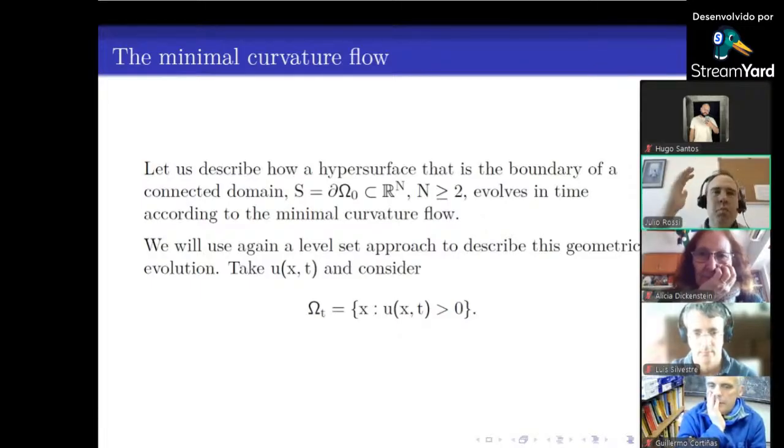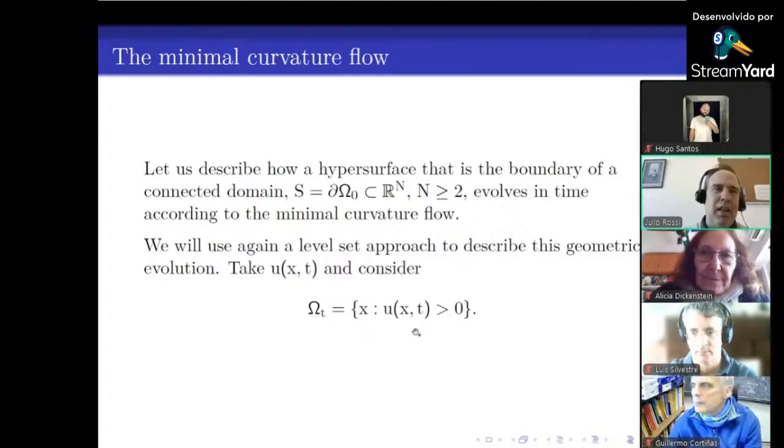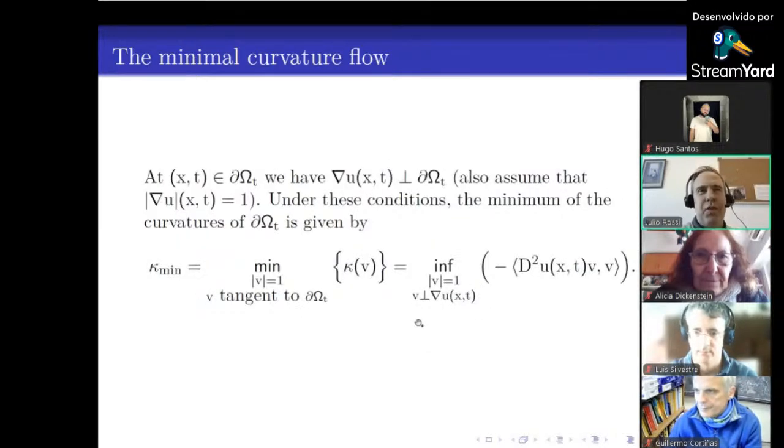You let it evolve according to the minimal curvature. Instead of taking the mean value of the principal curvatures, you compute the principal curvatures and take the minimal of those. And exactly as before, we look at this as the level set of a function u of x,t and see what equation comes out.